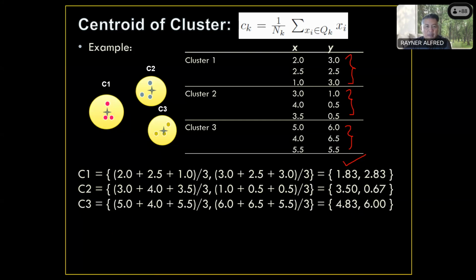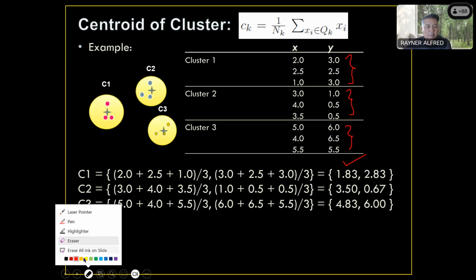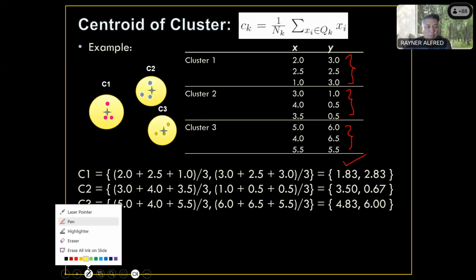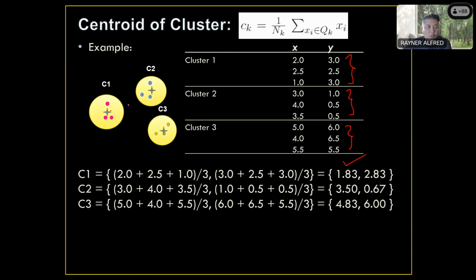Okay. So given the data that we have here, so we need to find the center. Okay. So the center here will be used to compute the distance between the cluster. So we need to find the center first. So how do we find the center? Basically, we just add up all this and then take the average. Okay, so this is the center of cluster 1, cluster 2, and cluster 3.